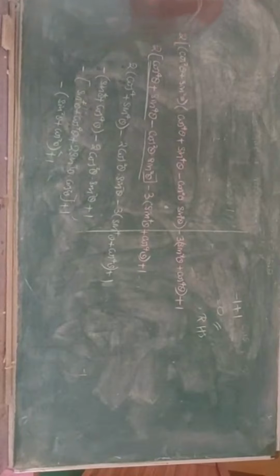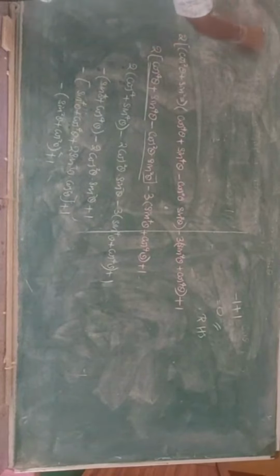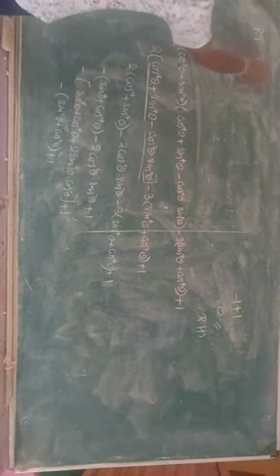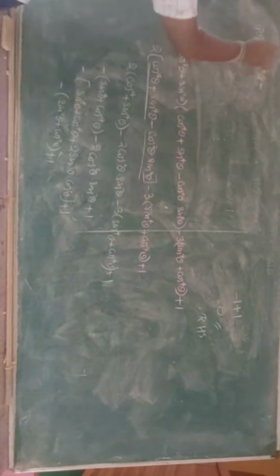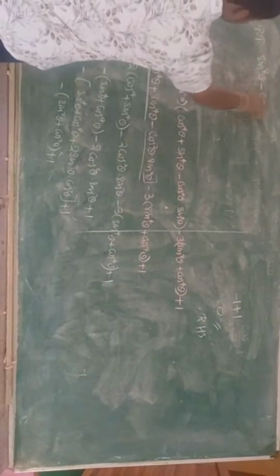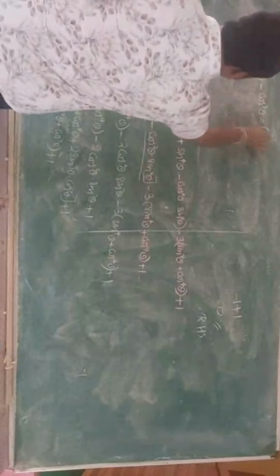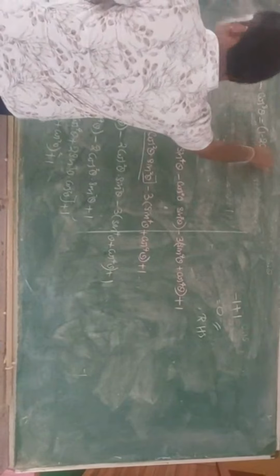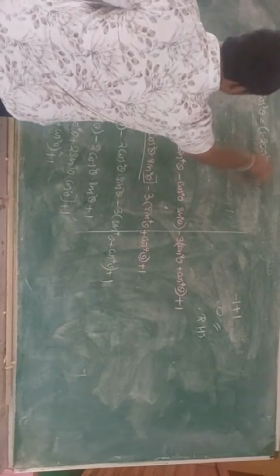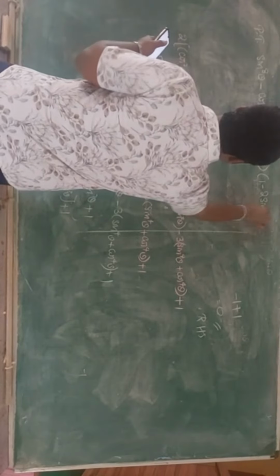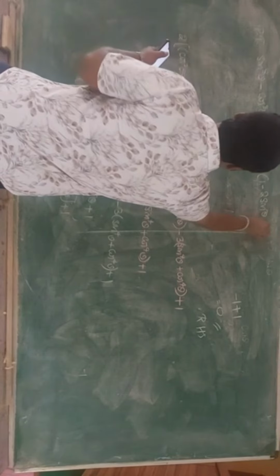Try this one. Prove that sin to the power 8 theta minus cos to the power 8 theta is equal to (1 minus 2 cos square theta) into bracket (1 minus 2 sin square theta into cos square theta).